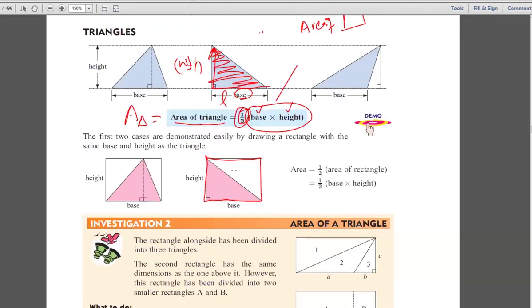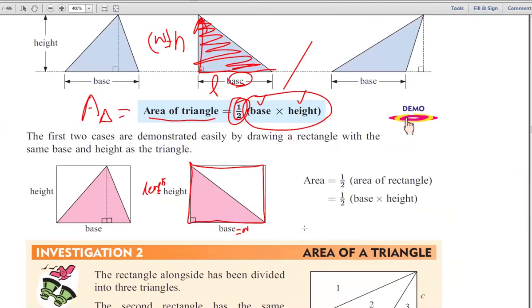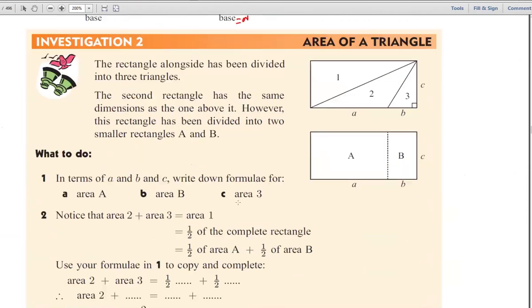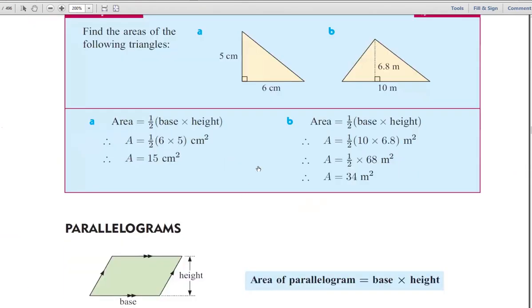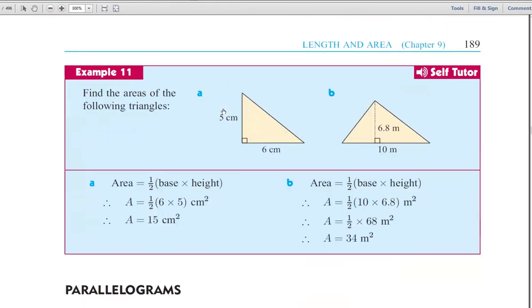So in other words, now we have different names. This length has become height, and this width has become base. So let's try to apply this concept here. If you want to find the area of this triangle, like example 11a, you multiply the lower side, the base, with the height and just half it.